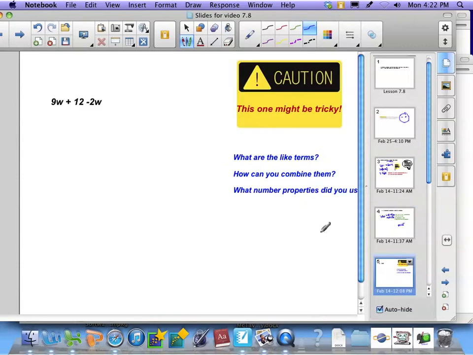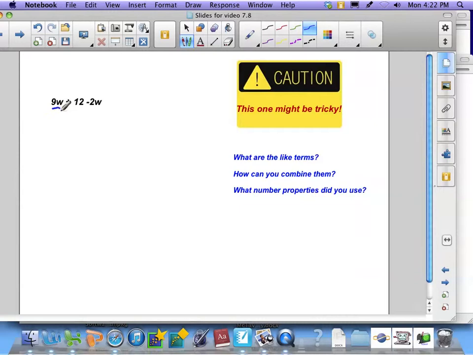A couple more. Be careful, this one might be tricky. We have 9w plus 12 minus 2w. Our like terms this time are 9w and 2w. This one might be easier if we apply the commutative property to our first two terms and make this 12 plus 9w.